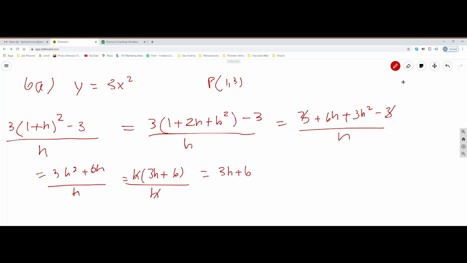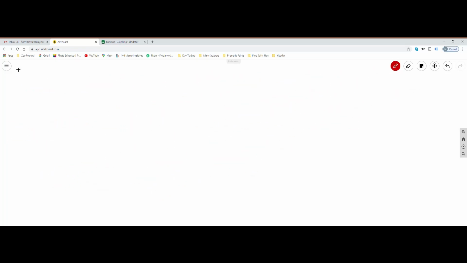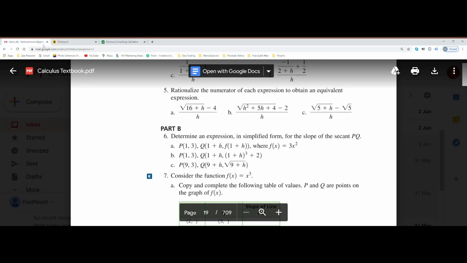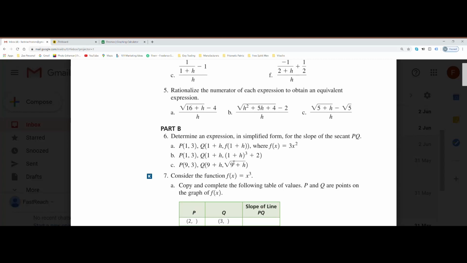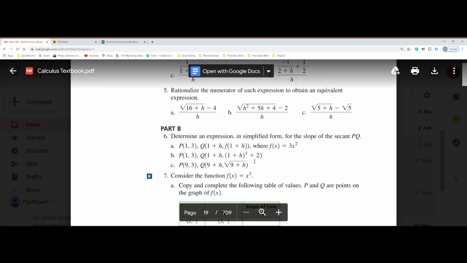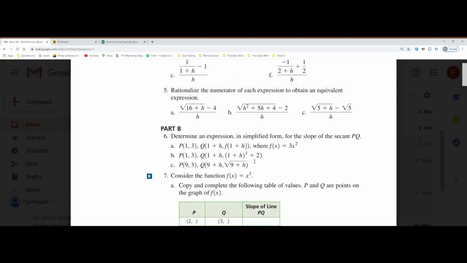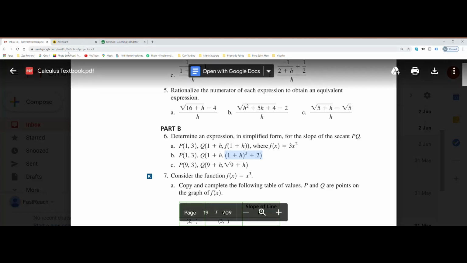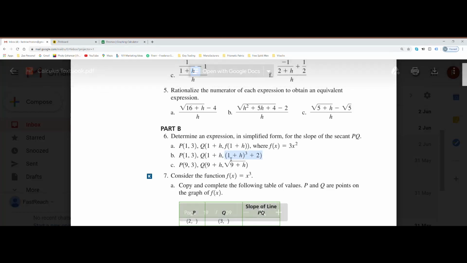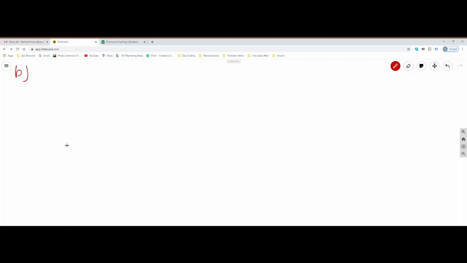Okay, so now let's do the next one, which is B. Here you can see this is the function, and this is what we're going to use.